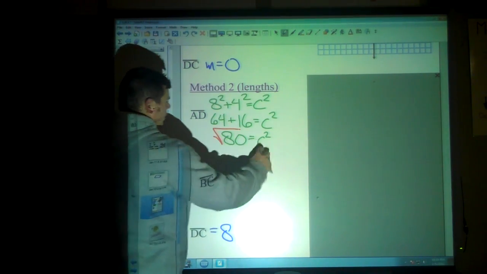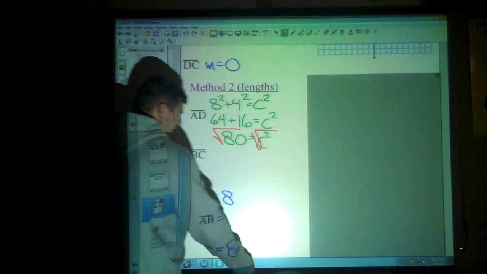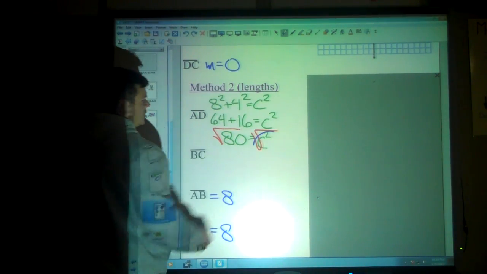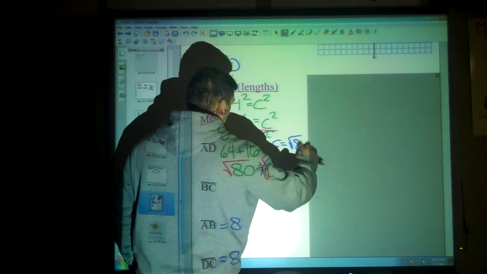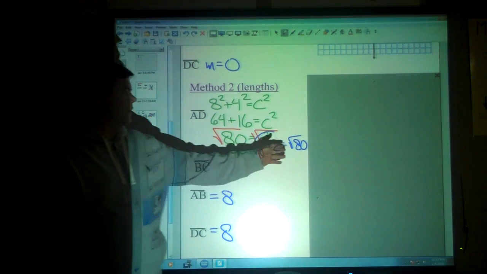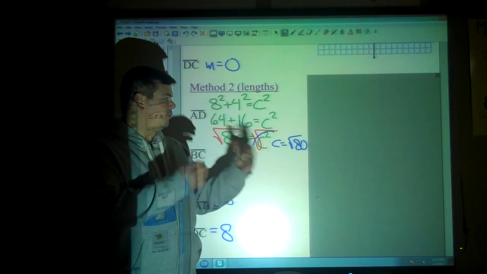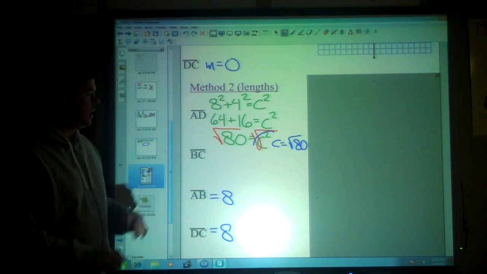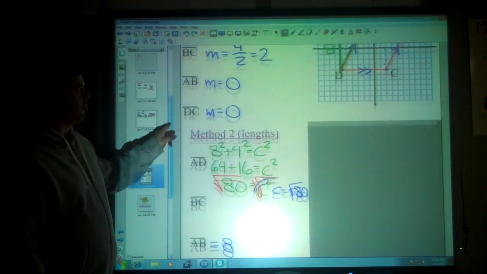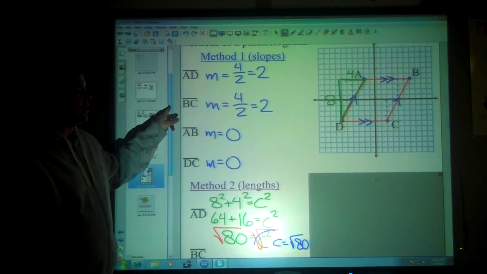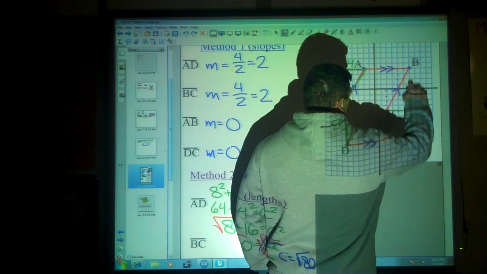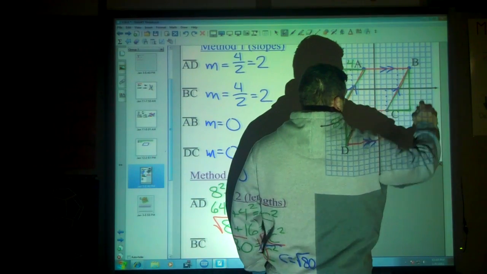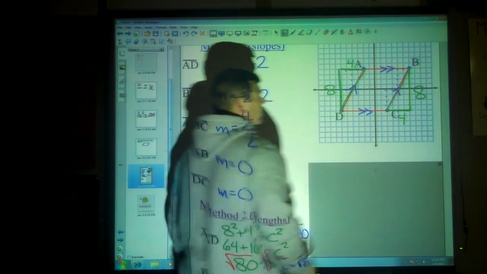Which means, if you put the square root on there, those cancel out. c equals the square root of 80. Now I could simplify this down, and I could find perfect squares that go into it and break this radical down into simplest form, but I don't really need it. As long as I can compare BC and get the same thing, I'll be okay. And what you'll notice is, on B to C, it produces another right triangle that's 8 and 4.